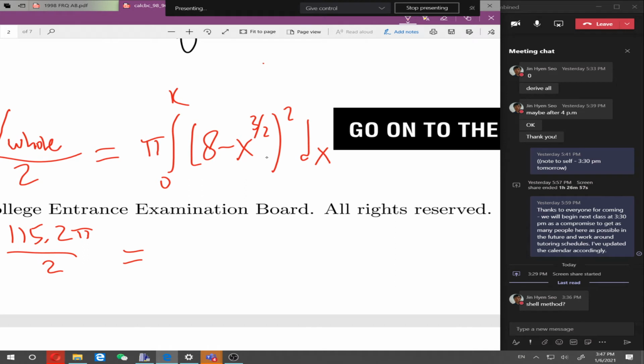Kyle, what happens if I square 8 minus x to the 3 halves power? We get 8 times 8, 64 minus x cubed. Okay, there will be an x cubed, so x cubed. But I do have a middle term as well. x times x to the 3 over 2, minus.